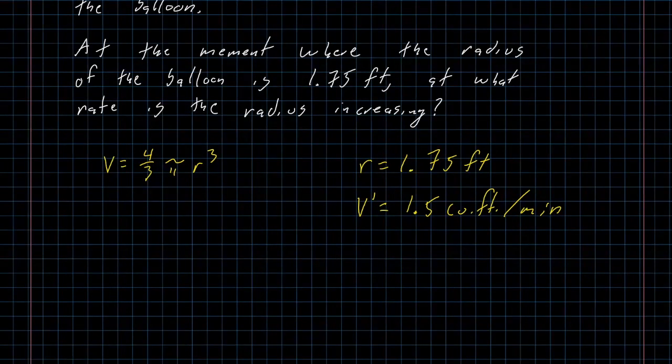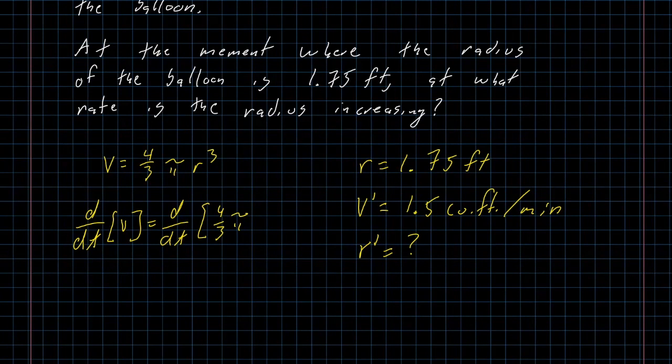What we would like is an equation that relates R and V prime and the thing we are looking for, which is R prime. And we can get that by differentiating both sides of this formula. So we'll take the derivative of V, and we'll take the derivative of 4/3 times pi.